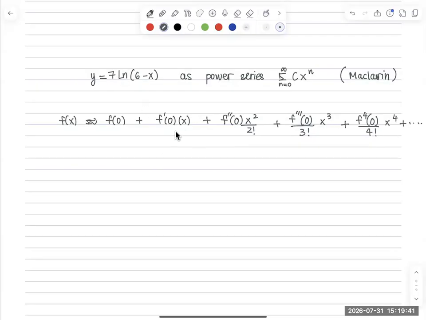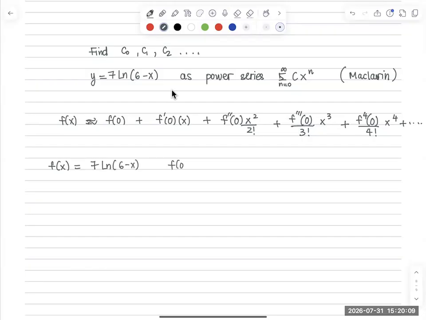Then in order to find the coefficients C0, C1, C2, and so on, we can use this hint. In order to do this, we're going to have to take derivatives. So we have f of x equals 7 ln of 6 minus x.